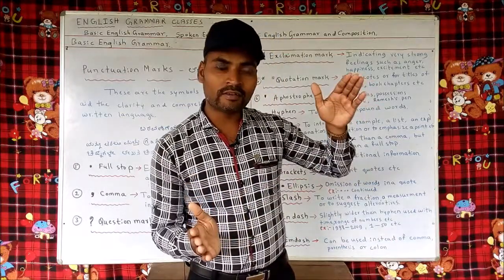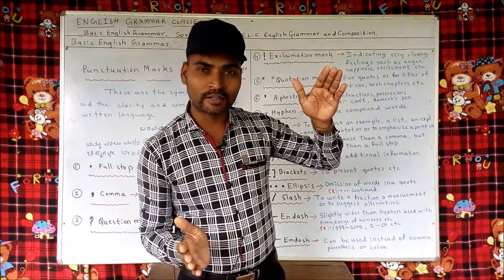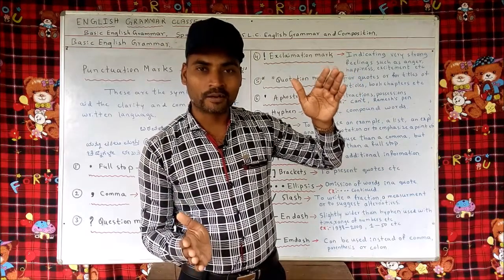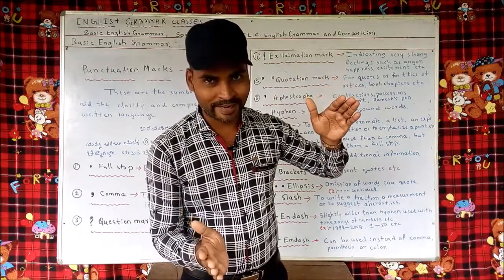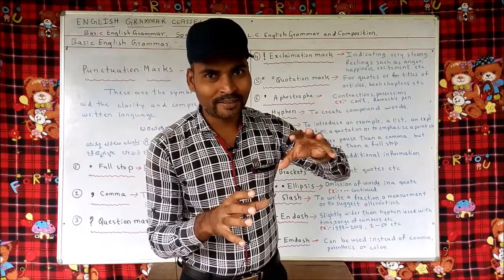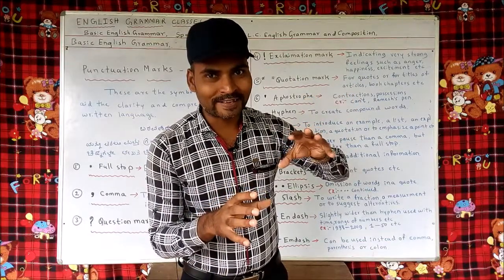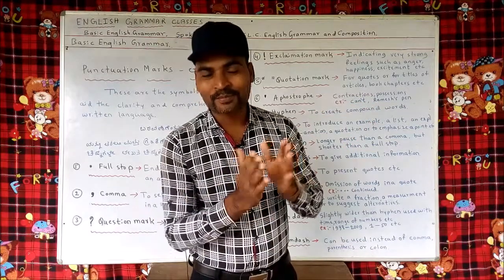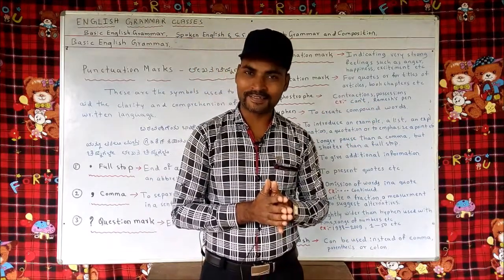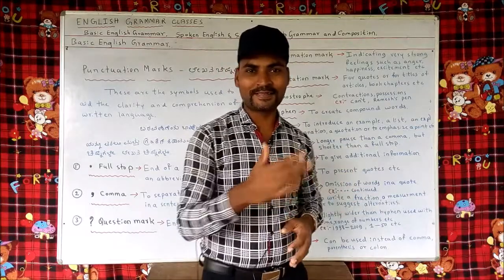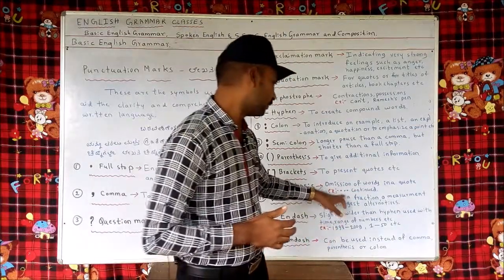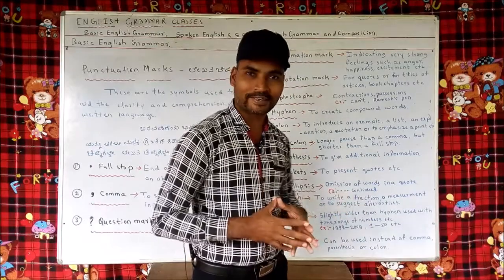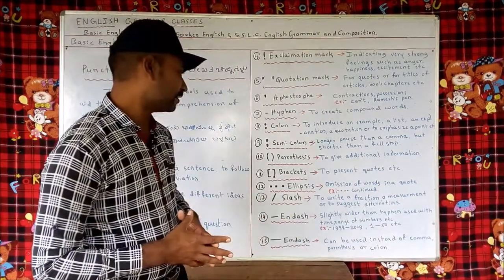Whatever is there in between, that we consider as omission. That might be a big story, that might be one sentence, whatever it may be. So it suggests omission. For example, we can say that ... continued.